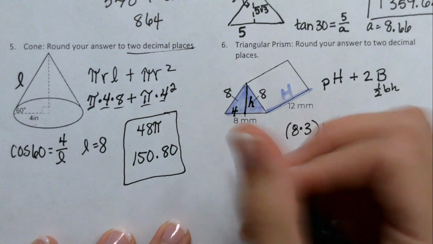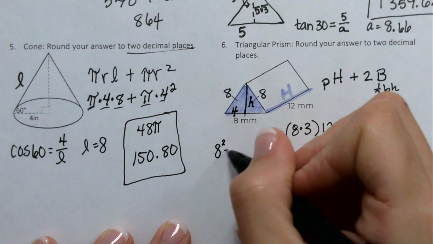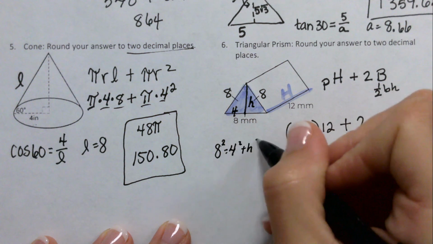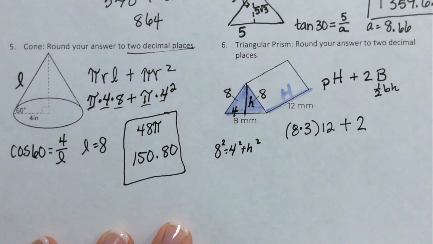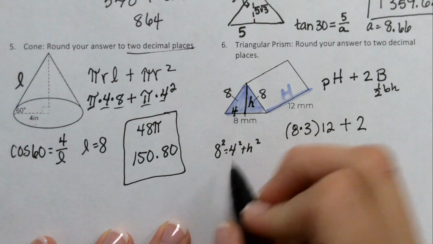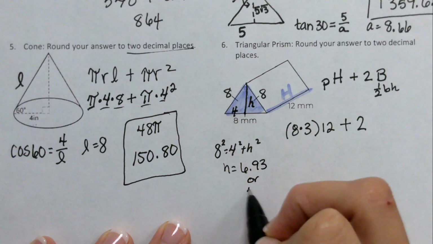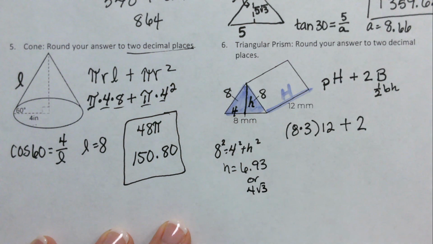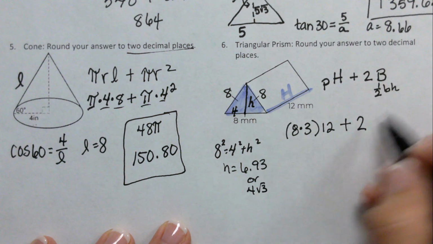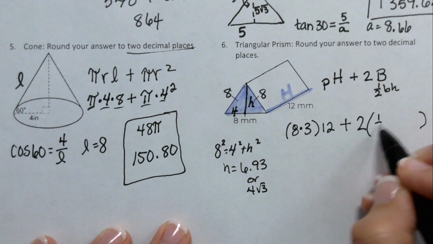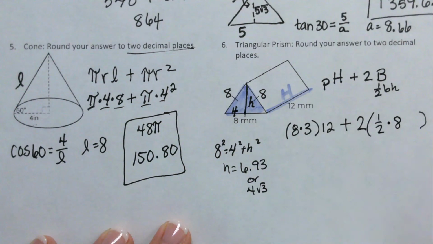So if you use Pythagorean theorem, you get 6.93, or you can use 4 radical 3. So inside of here, it's half the base length of the triangle times the height of the triangle.